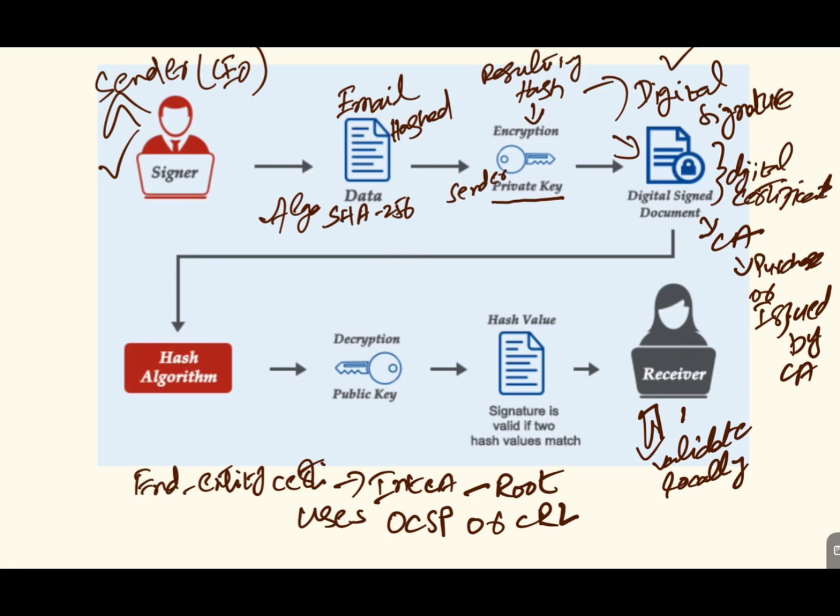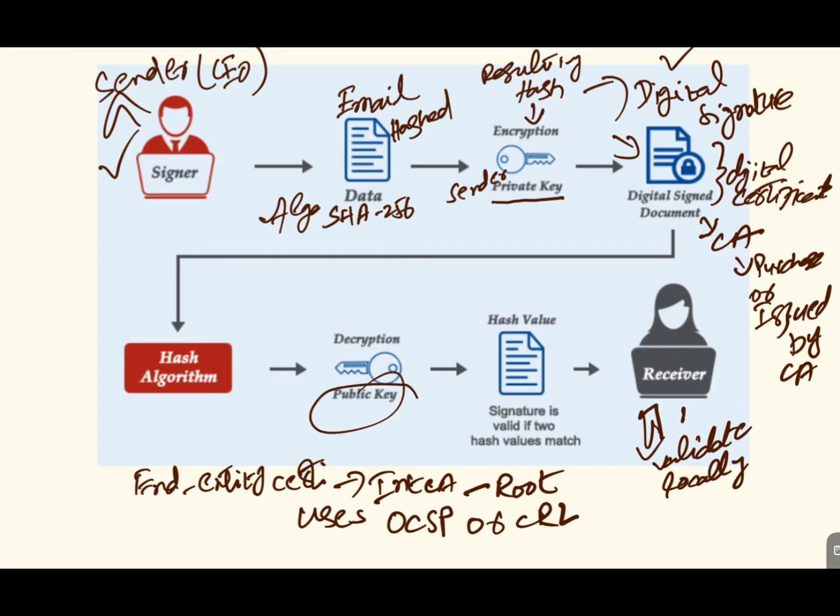So on the receiver side, now signature verification. If the certificate is trusted, the email client extracts information. In the certificate, you have the sender identity and the public key.